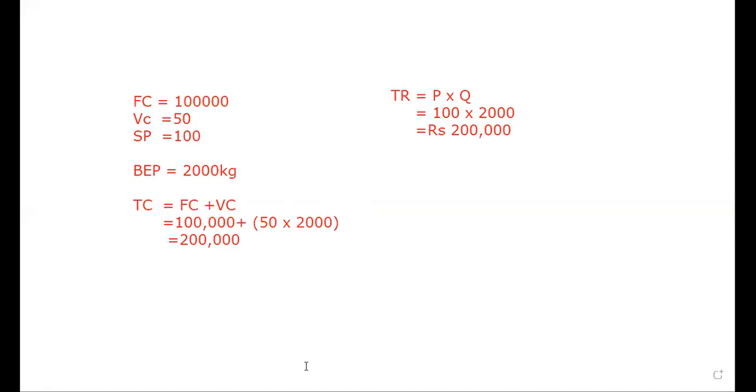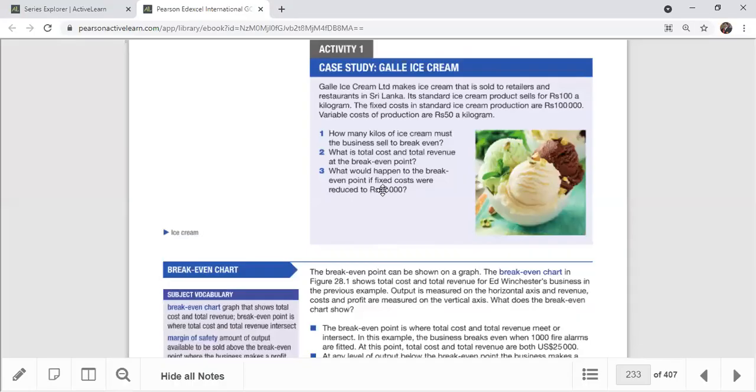In this kind of questions, you may have to calculate the break even, and calculate the total cost and total revenue at the break even point. What's the third question? The third question asks what would happen to the break even point if fixed costs were reduced to 80,000? Then we have to recalculate if fixed cost goes down.